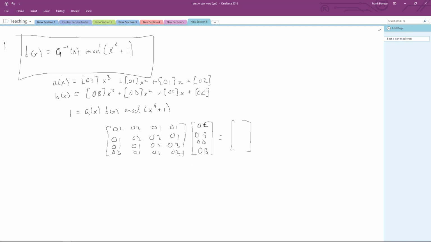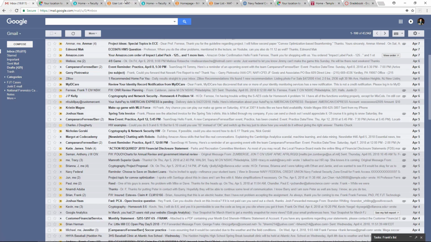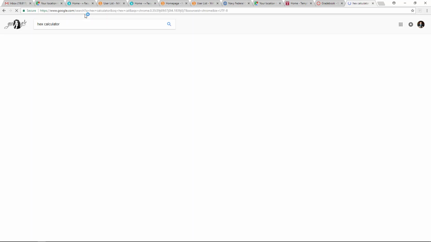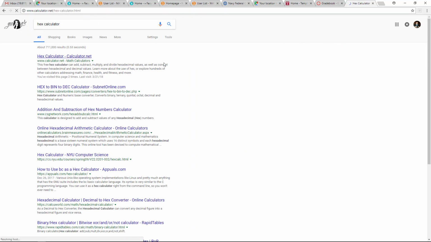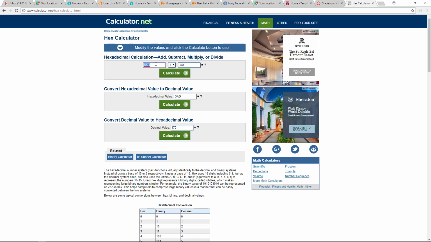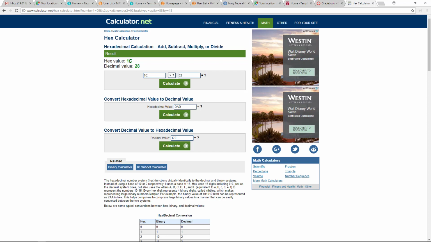I think the easiest way to do this is if we pull up a hex calculator, and so for example we have to do an operation 0E times 02, and we can calculate that, and we get 1C, and then we can keep doing those multiplications, write them down, and then you could use this hex calculator to add them all up.